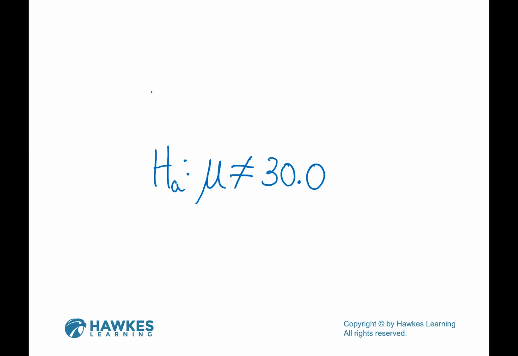All right, so that makes this part even easier. What's the opposite of not equal to 30? Equal to 30, yes. So our null hypothesis will be that the mean does equal 30. That would be our two hypotheses.